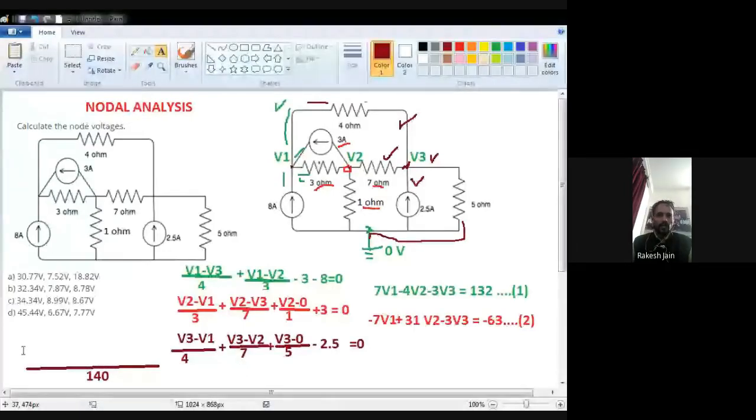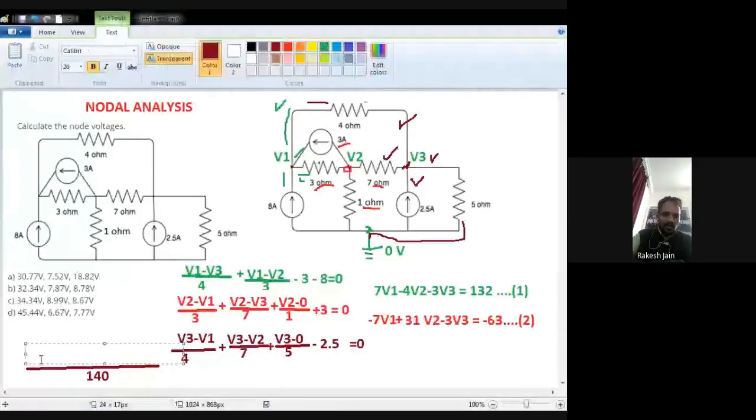Now 140 divided by 4 is 35 times. So I write down 35 V3 minus 35 V1.